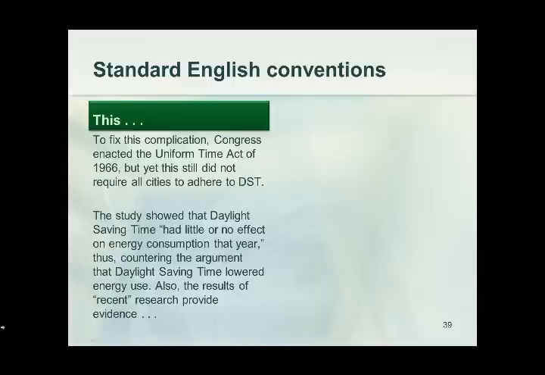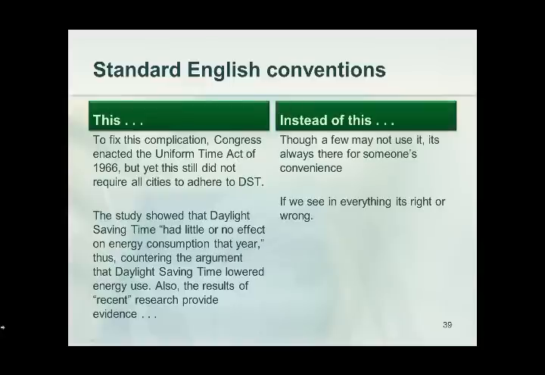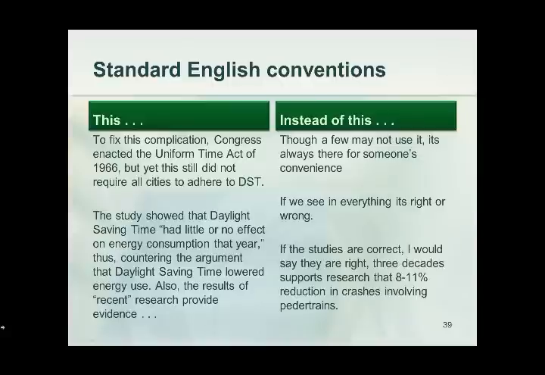They just need to enact that, because we want to see this instead of this, where if the studies are correct, I would say they are right. I can't even understand what they've read. And had this particular student, test taker, reread some of these sentences, he or she, I'm sure, would have said, whoa, that's not what I meant or what I wanted to see.